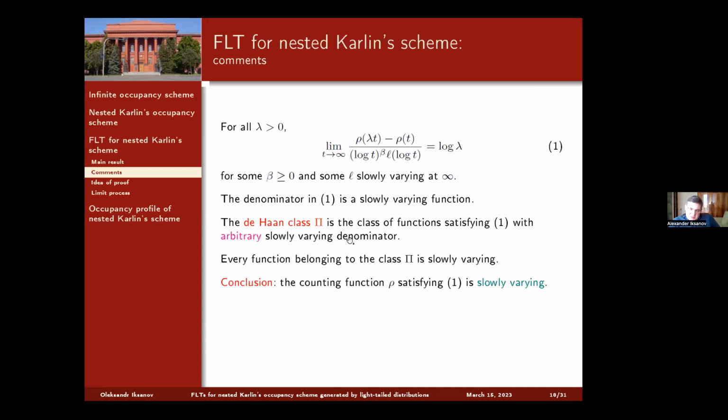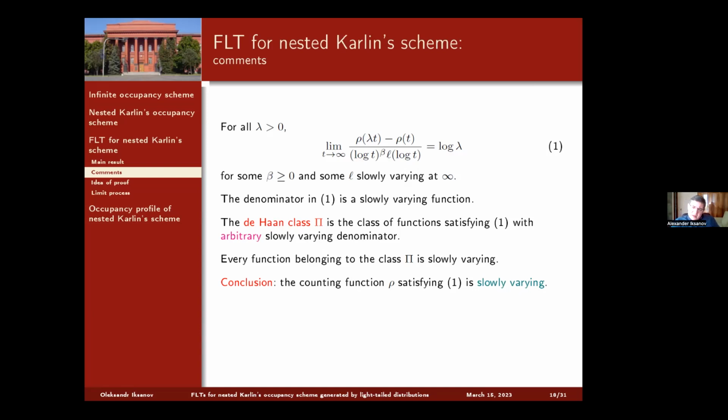So from this, we conclude that the counting function satisfying condition 1 belongs to the de Haan class Pi. Further, it's known that the de Haan class is a proper subclass of the class of slowly varying functions. So summarizing, the counting function rho satisfying condition 1 is slowly varying at infinity.